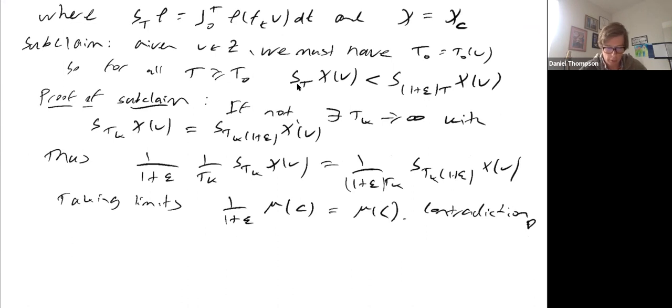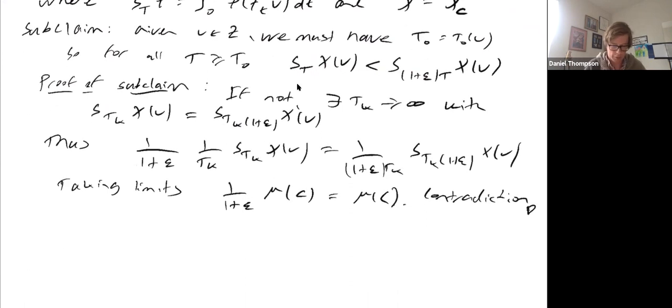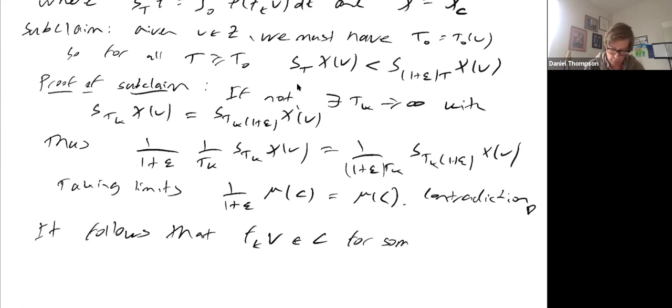So if I go far enough along, I've always got a gap like this. But it follows that f_t(V) belongs to C for some t belonging to [T, (1+epsilon)T].